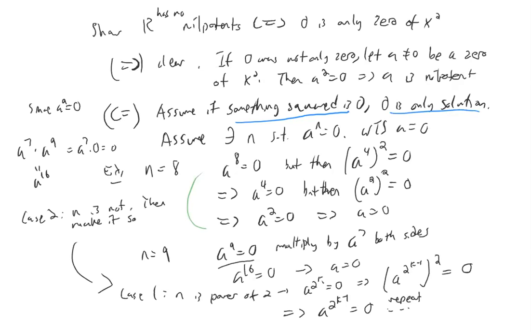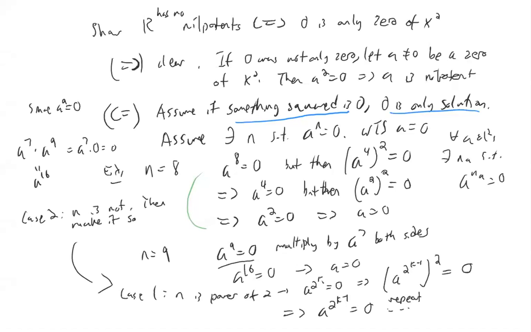Contrapositive. So you mean if you assume R has nilpotence, then you know for all a in R, there exists n_a, so n depends on a, such that a to the n_a is 0, right?